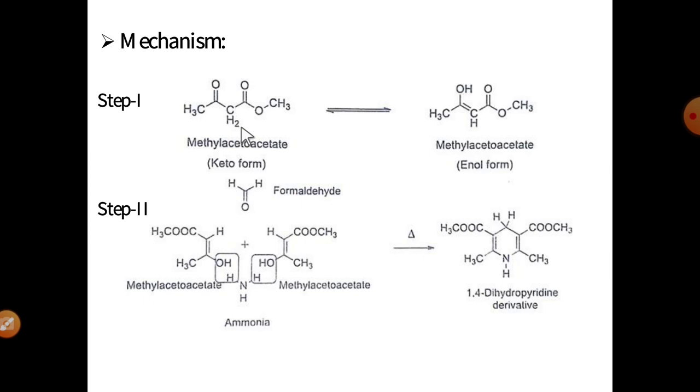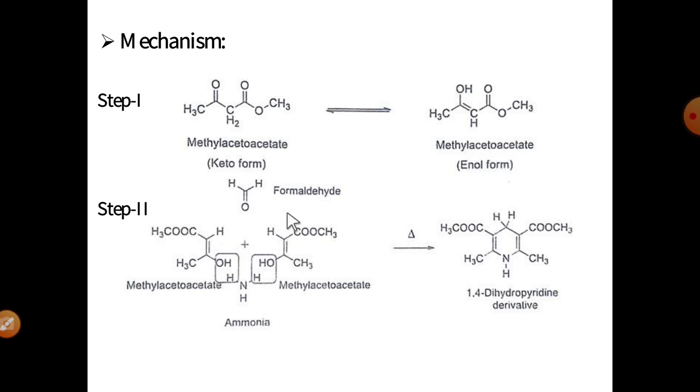The first step is the enolization of this methyl acetoacetate, meaning the keto form is converted into its enol form. Keto and enol are a special type of isomerism. Simply the keto form is converted into its enol form, the enol form of this methyl acetoacetate.